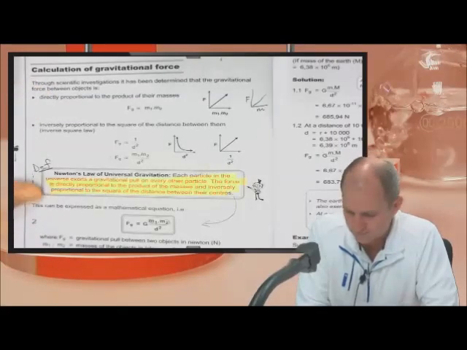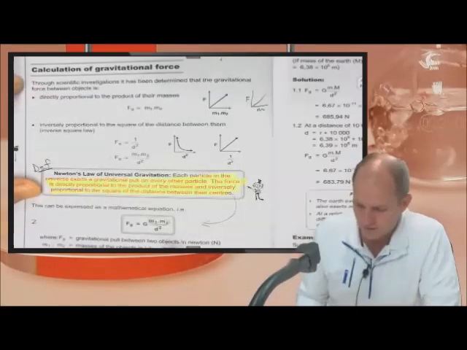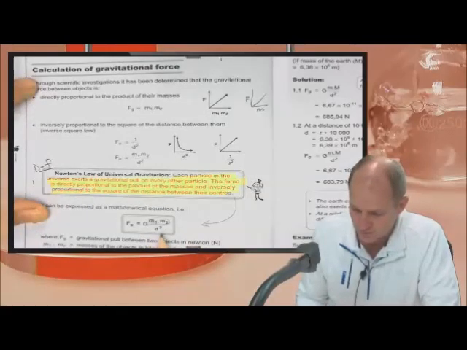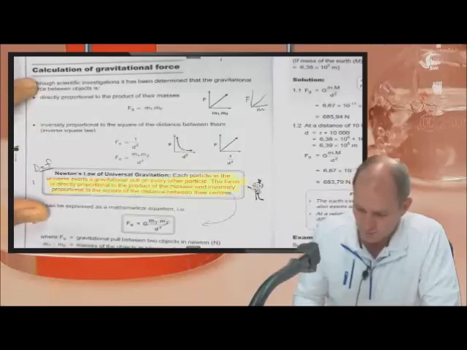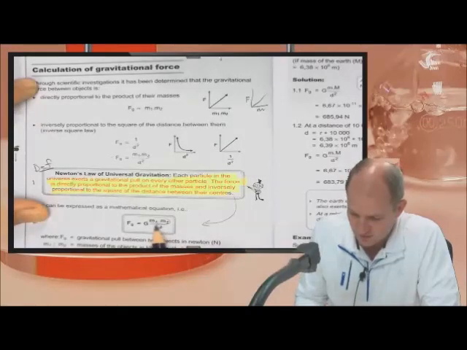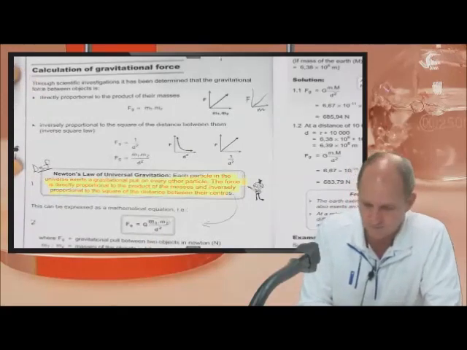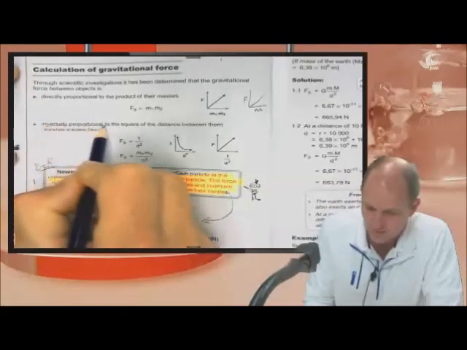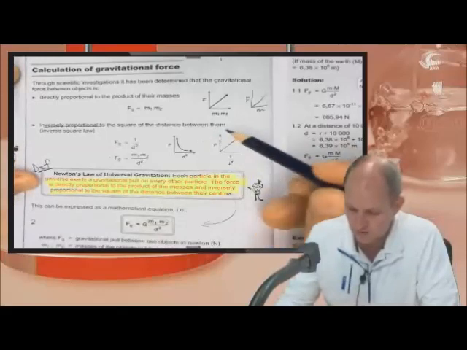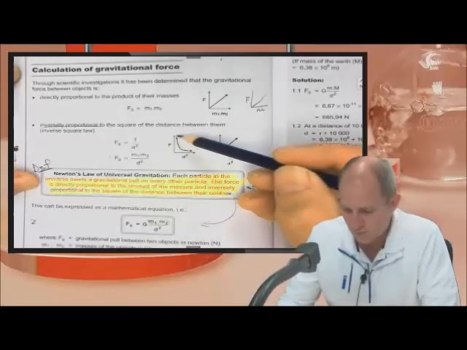The other way around, if you look at the relationship between the force and the distance between the centers, because this distance is under the line, it will be inversely proportional, as indicated in your book. It's inversely proportional to the square, so that will give us a hyperbola.